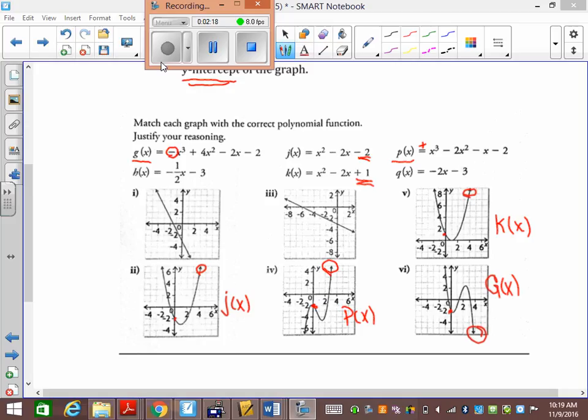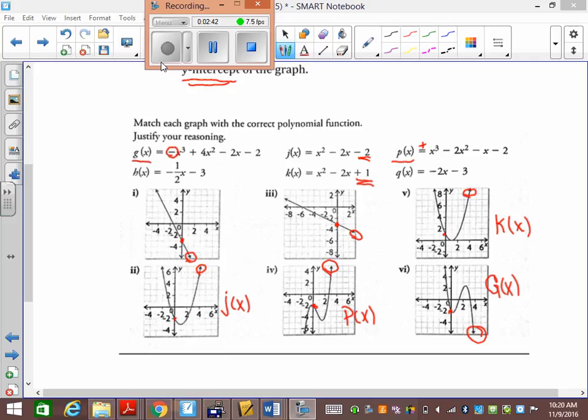Then our linear lines. They're both leading coefficients negative, so they both go down. They both have y-intercepts of -3, so how could I tell them apart without putting in my calculator? Grade 10. If this was grade 10, how would you tell them apart? Slope. So I go from one point to another.